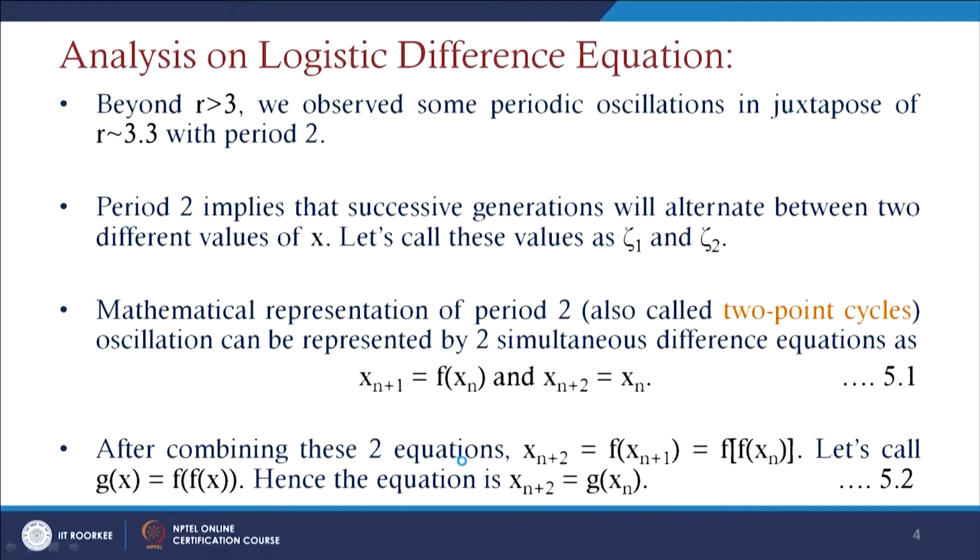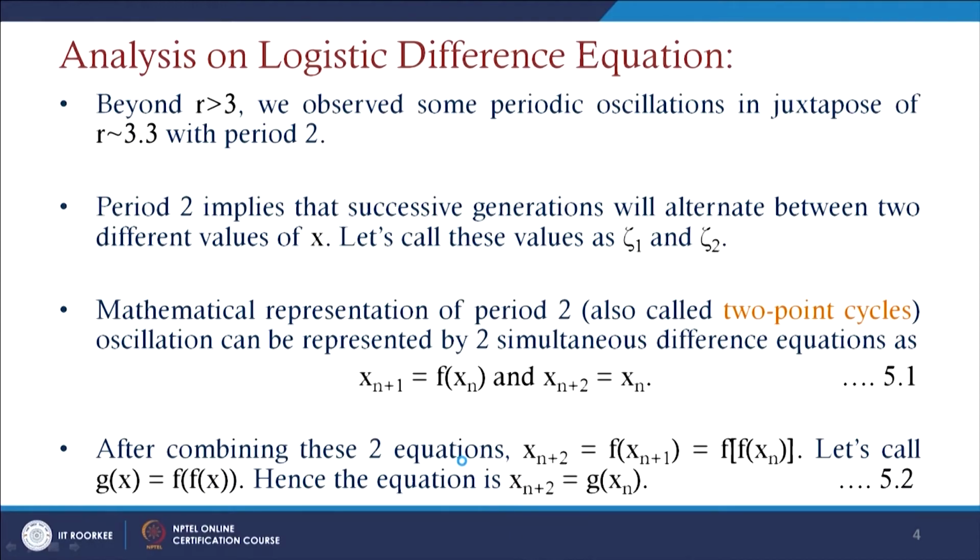So, based on these results, we are going to analyze the stability conditions of this difference equation for different r values. Beyond r greater than 3, we observed some periodic oscillations for r approximately chosen as 3.3 and 3.33 with period 2.